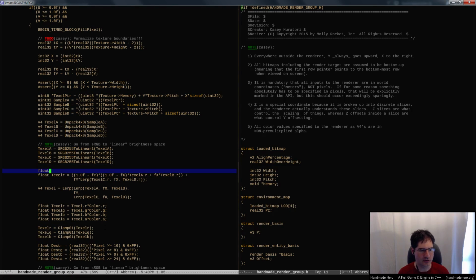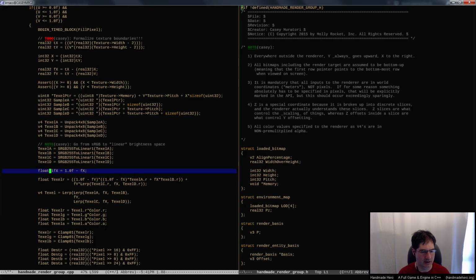So I'm going to introduce, just to make this a little easier too, an ifx, which is basically just 1.0 minus fx, and an ify, which is 1.0 minus fy, the pre-subtracted versions of these, just so we can look at them a little easier.